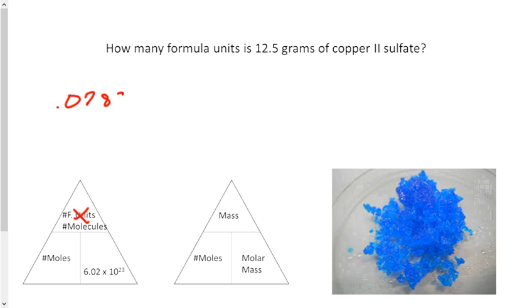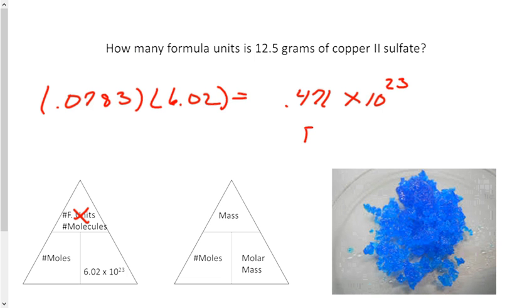So I'll take our answer from above, 0.0783, and I'll multiply that by the 6.02, and that gives us 0.471, and remember to add the times 10 to the 23rd, and we abbreviate that F period units for formula units.